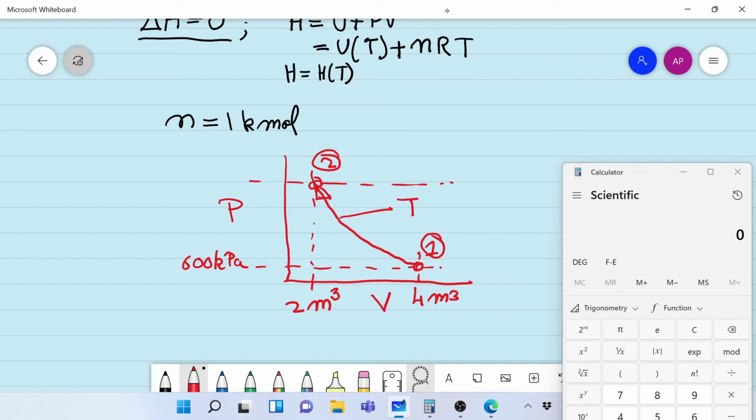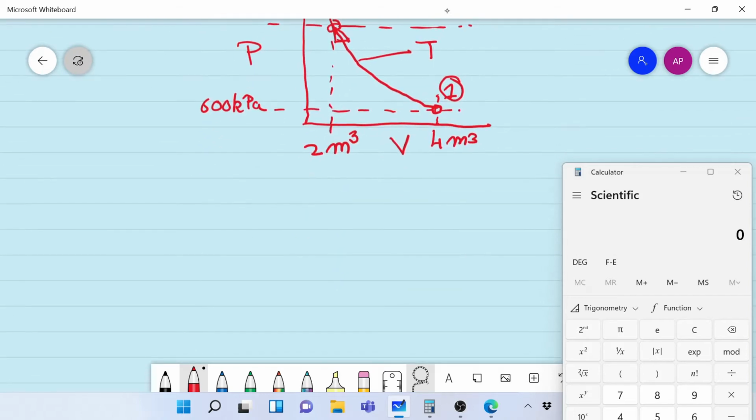So let's find out the final pressure and the temperature for the gas to ease our calculations. Now what do we have is, with the ideal gas law, we can write PV is equal to nRT. Now we know that the pressure is 600 kilopascals and the volume is 4 meter cube.